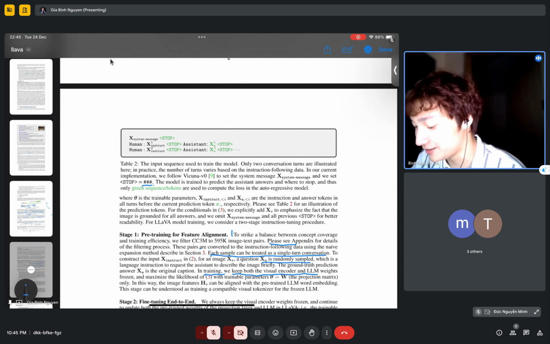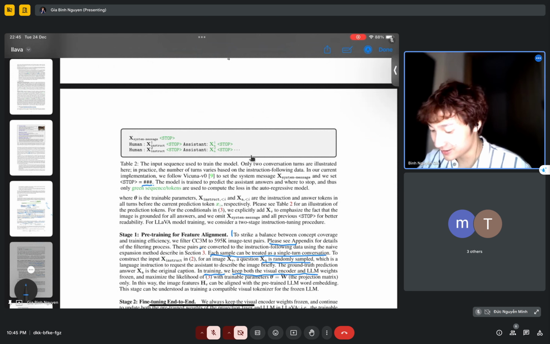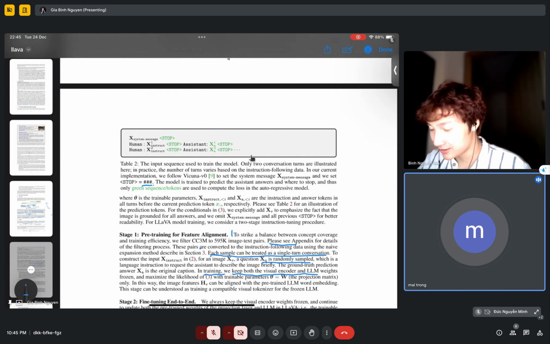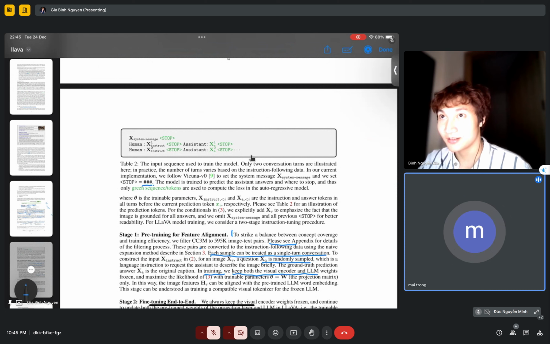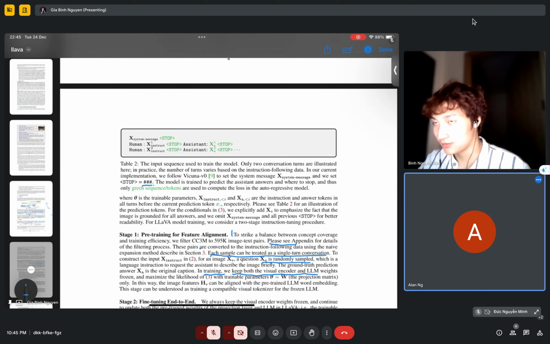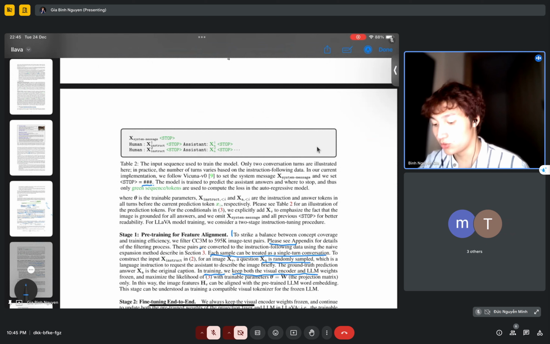Does it answer your question or not? Continue. So the stop token here is for the training data, right? This second table is the data to train the model, right? Yeah, data to train the model.